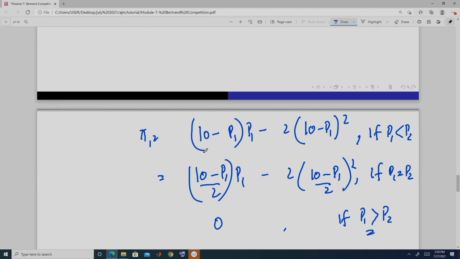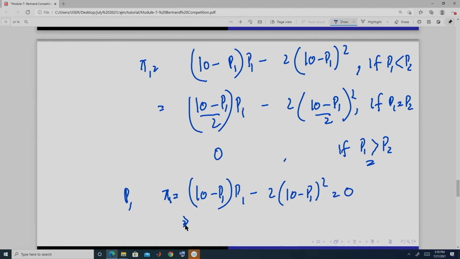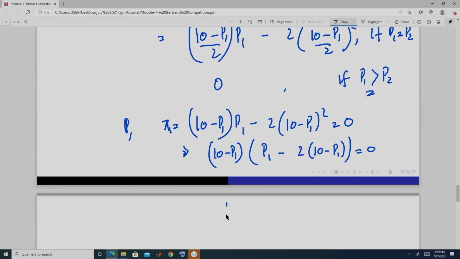We get this. So, we find P such that profit is equal to 0. We get this at two prices. So, at P1 is equal to 10 and P1 is equal to 20 by 3, we get this.